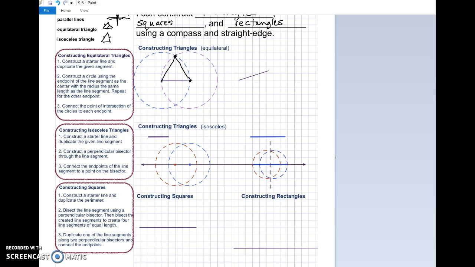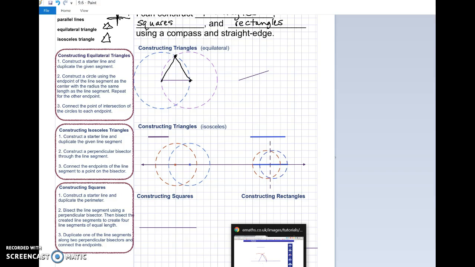You may be told to create an isosceles triangle where two of your sides have the length of this side. Okay, so we're going to start by creating a line and then just picking some points.